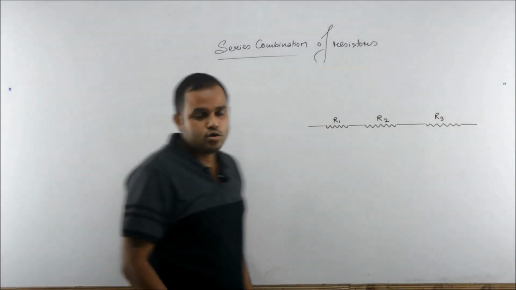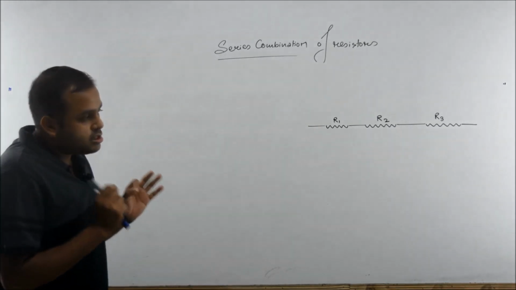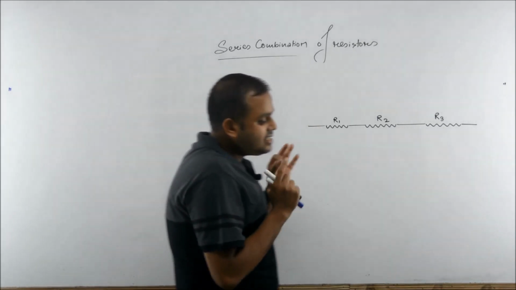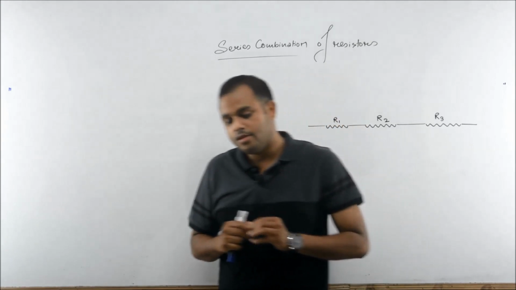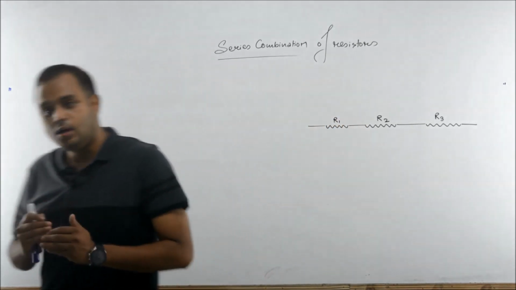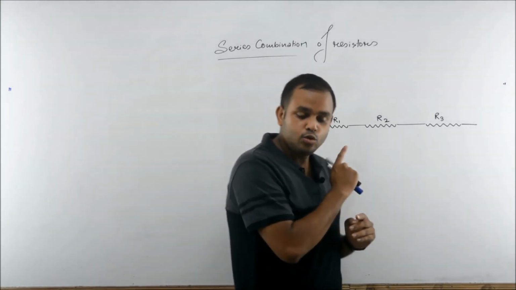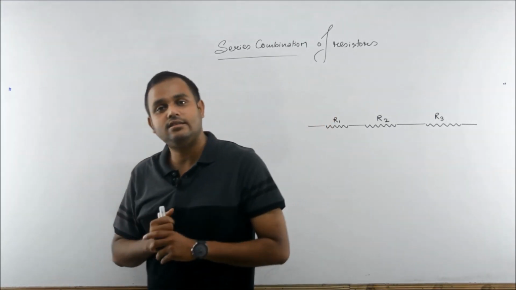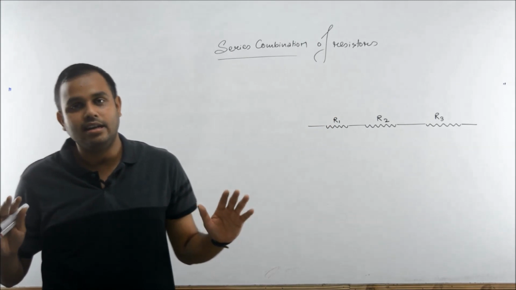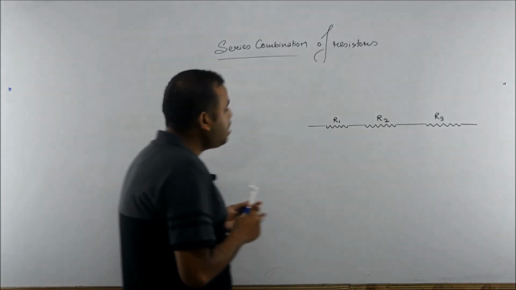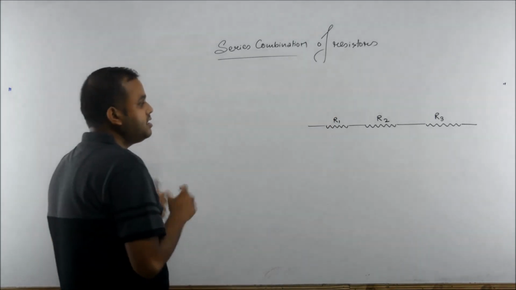So it must be clear that in a series connection, resistors are connected end to end and the same current flows through each of the resistors. This type of connection is called series combination of resistors.